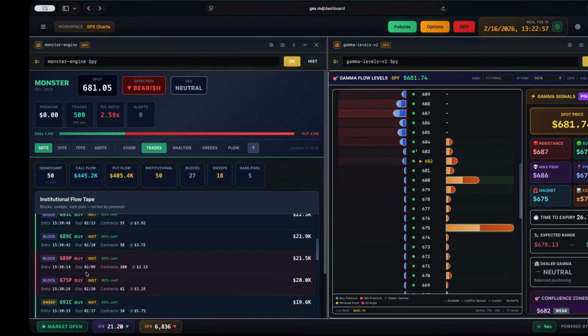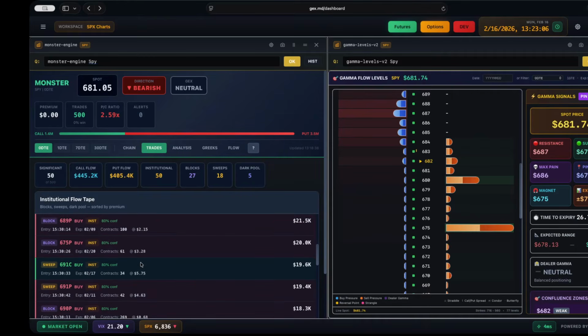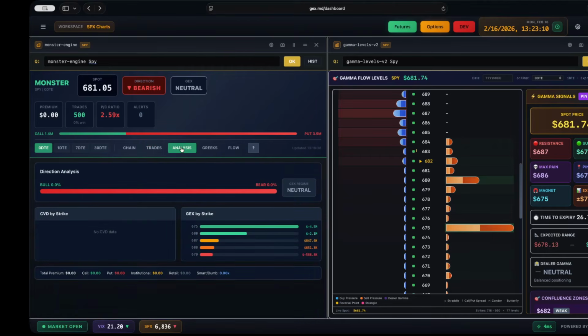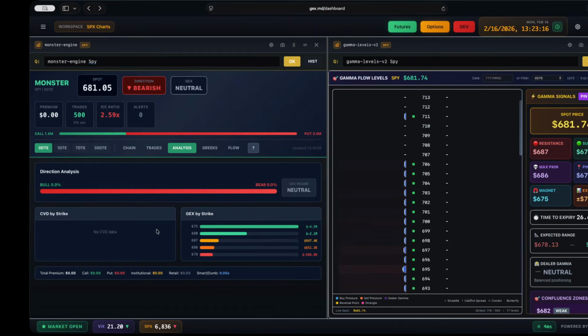They're buying a block here, and then the expiration, how many contracts or whatever. You see maybe this, and then you see how much they pay, all kinds of things. And then you get analysis. Again, this is working live. This is not working when the market is closed.